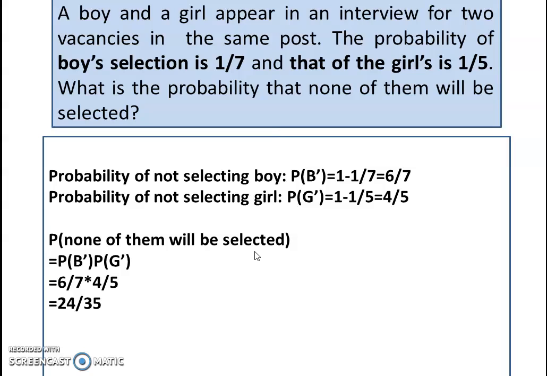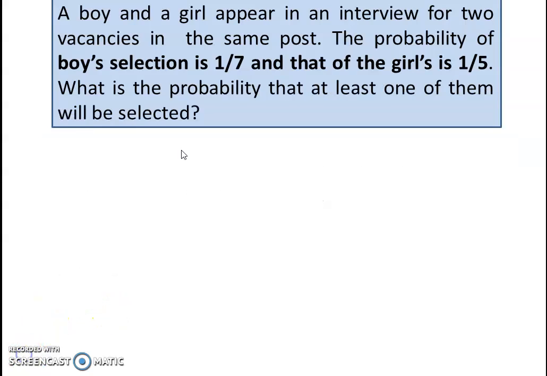In this case, the boy is not selected and the girl is also not selected. So we will multiply both the values 6 upon 7 and 4 upon 5, and after multiplication the result is 24 upon 35. So it is the probability that none of them will be selected.